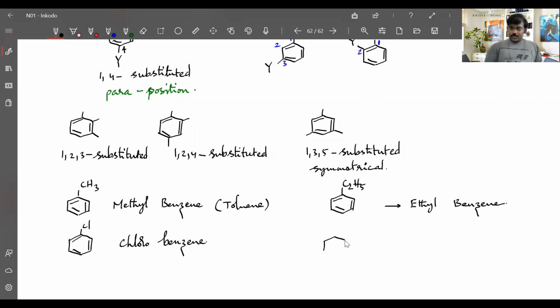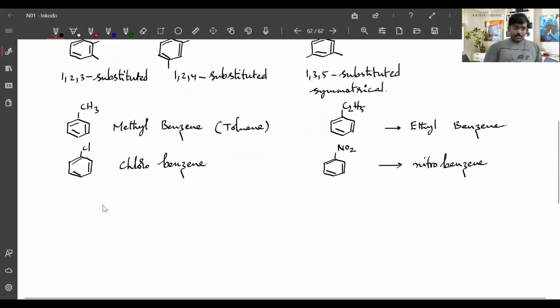And next, on benzene, if I have NO2, that NO2 is called the nitro group. So this is called nitrobenzene. On benzene, if you are having an amino group, NH2, here NH2 is there on the benzene ring.